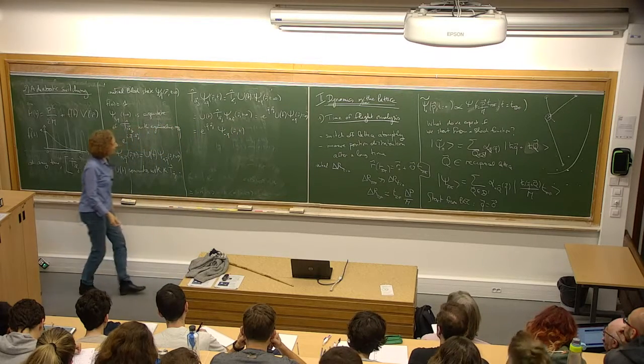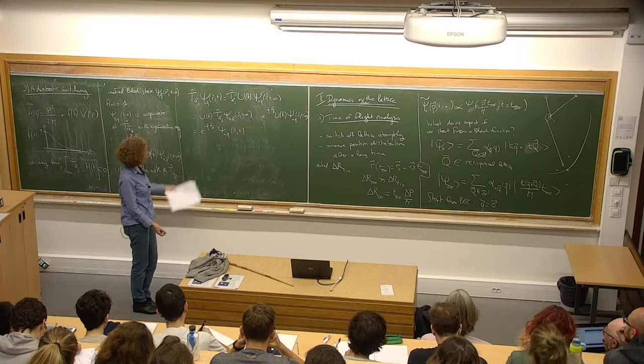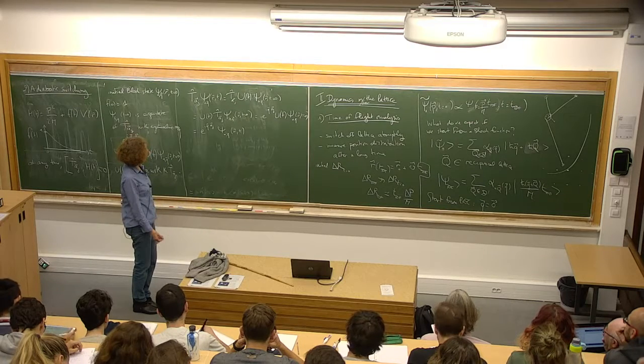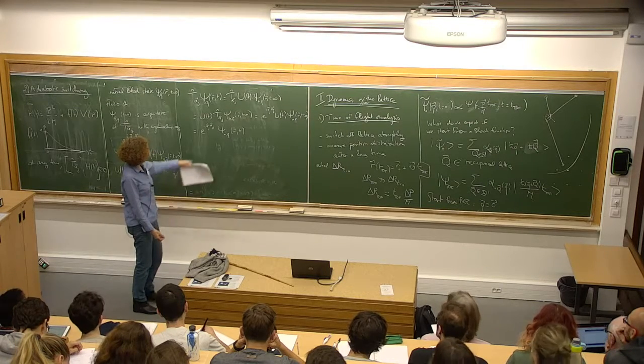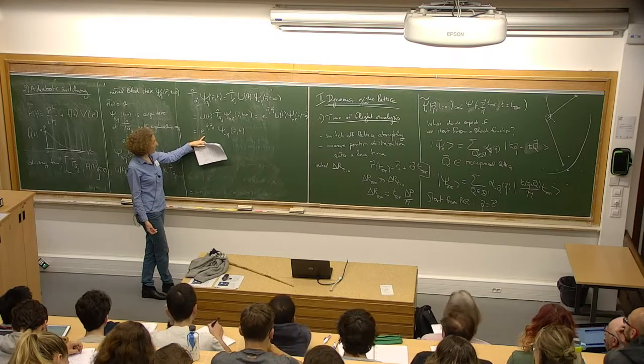So we conclude that the psi at time t, which is the evolution of the initial Bloch state when we ramp the lattice, is still an eigenstate of the translation operator with the same eigenvalue.